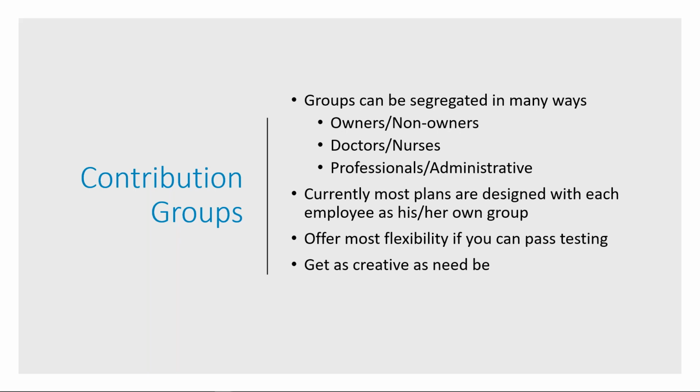Maybe everybody's getting 5%, and we give this one person, a young superstar, 10%, and it can make the whole plan pass testing. And so that's the benefit of putting each person in their own group: you can actually single out those people based on their age or how much they make, and customize what they get to pass the testing. And that's the part of getting as creative as need be.